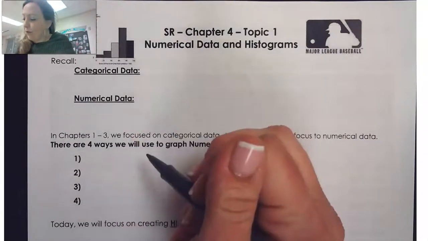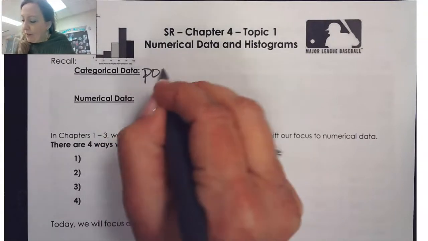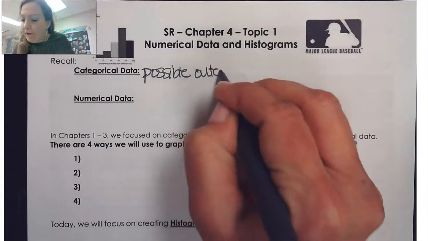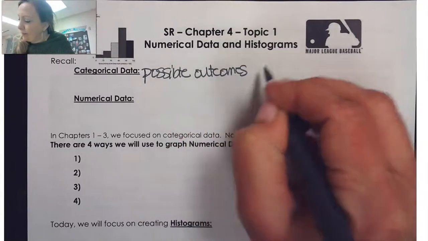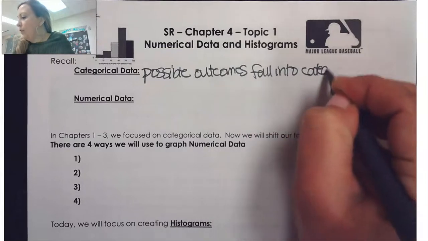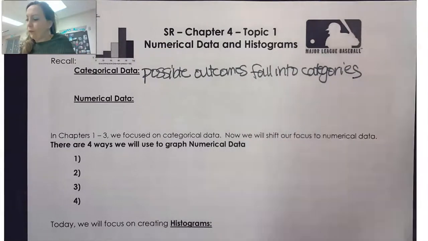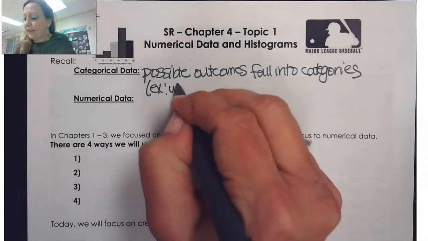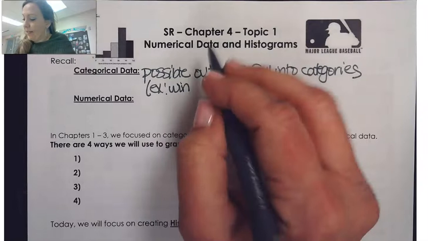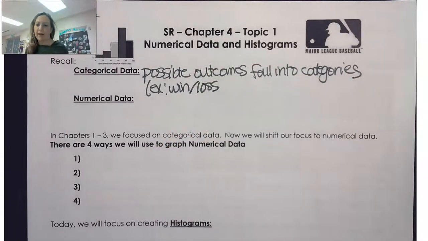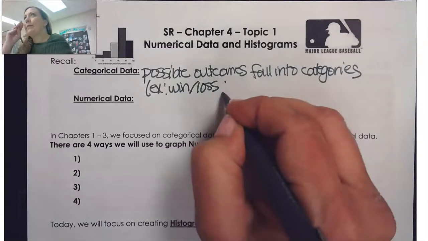And when we have categorical data, that is where the possible outcomes fall into categories. So the categories that we've really been dealing with a lot are like a success or failure, like a win versus a loss. So those are like two categories that could happen.